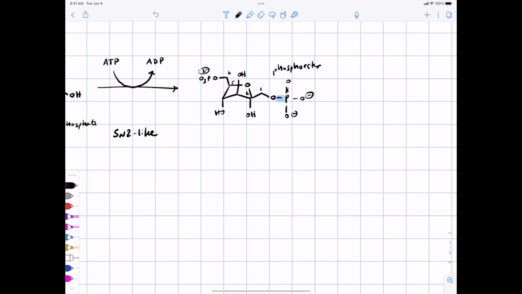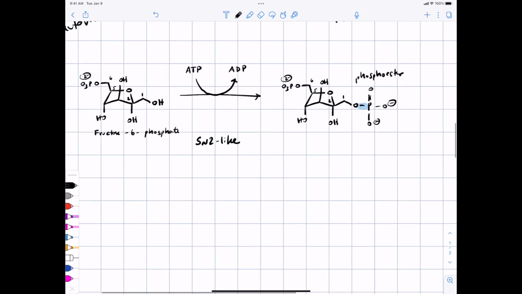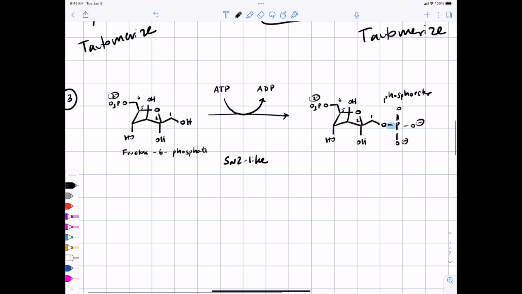The enzyme that does this is a kinase because it transfers a phosphate group. It's called phosphofructokinase because it adds a phosphate group to fructose 6-phosphate. And this is also irreversible.